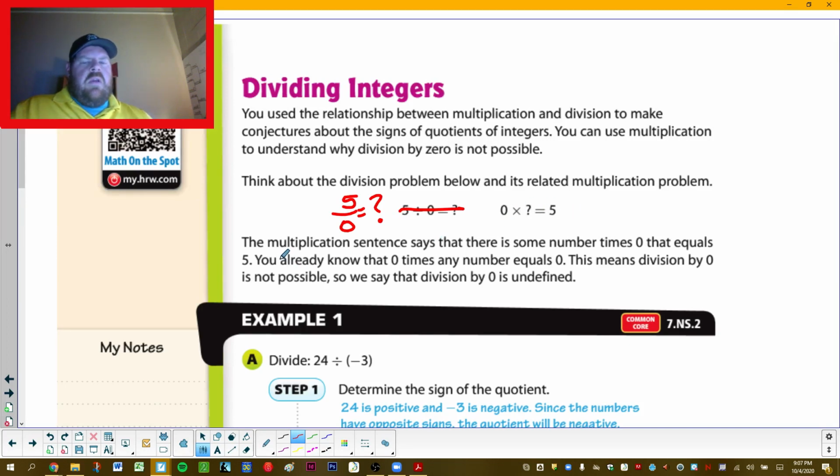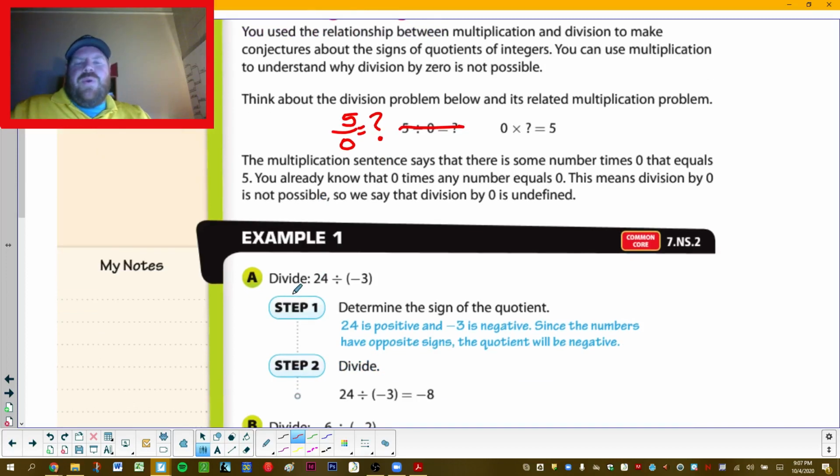Okay, so the multiplication sentence says that there is some number times 0 that equals 5, and we know that that can't be the case. Okay, so we call division by 0 undefined. All right, if you try it in a calculator, it'll say divide by 0 error. It's that big of an issue that we even wrote the code in calculators to say can't divide by 0.